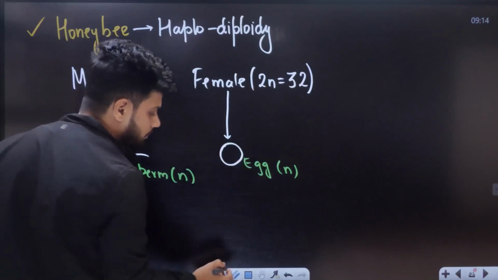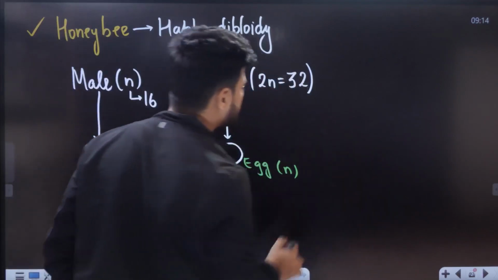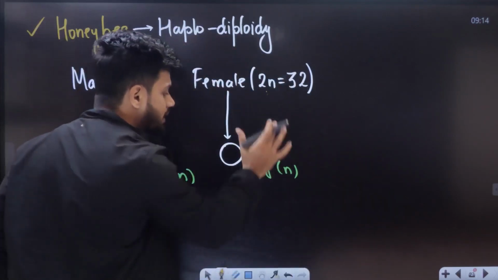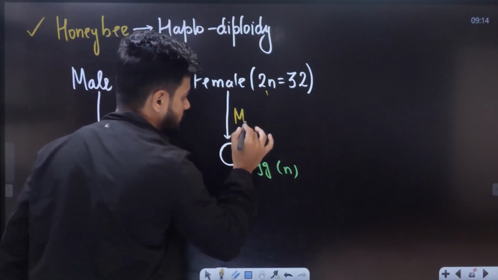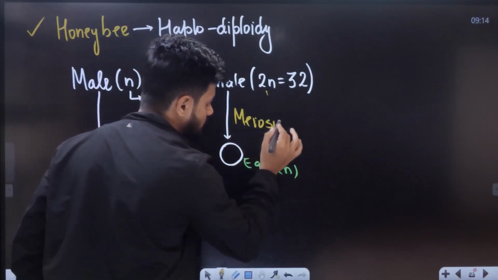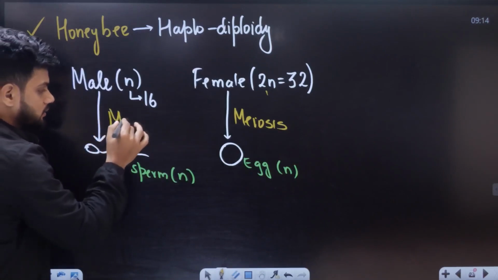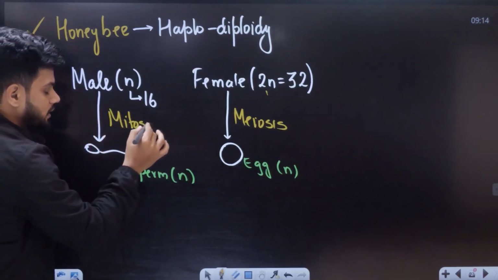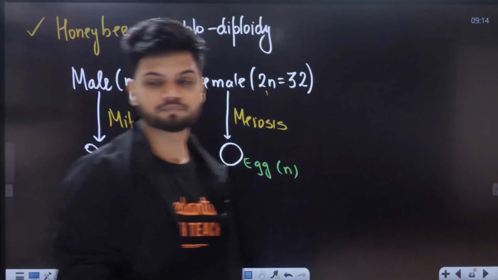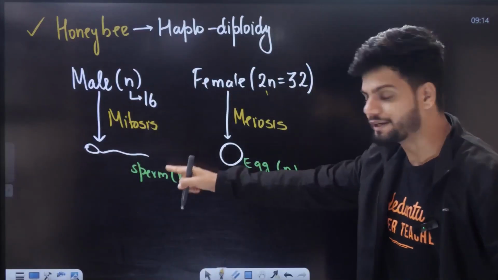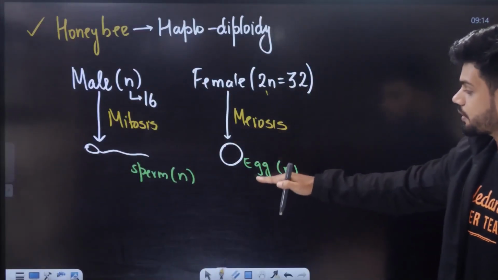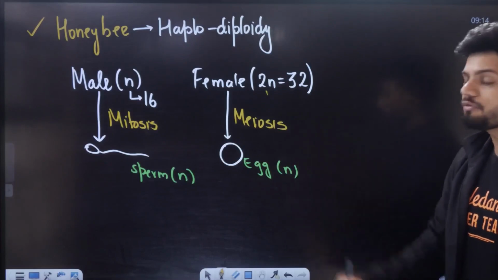Tell me, should we have mitosis here or should we have meiosis here? Obviously, change in the ploidy means meiosis. Here, ploidy remains the same, n to n, so mitosis. This is what is very important to understand. So in the case of sperm production, it is with the help of mitosis. In the case of egg production, it is with the help of meiosis.